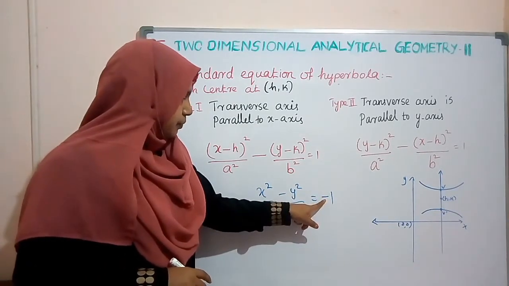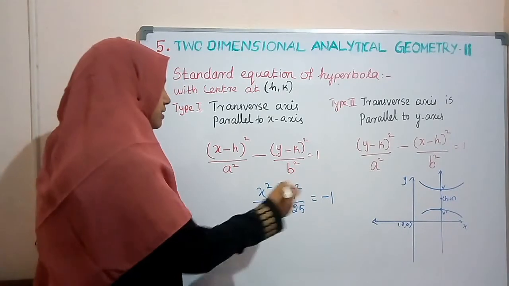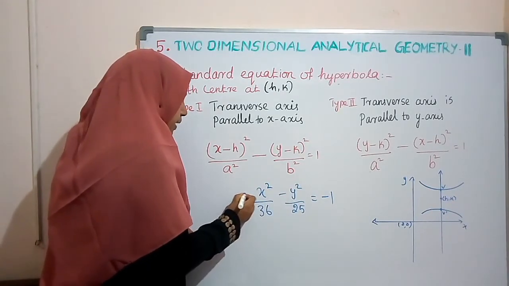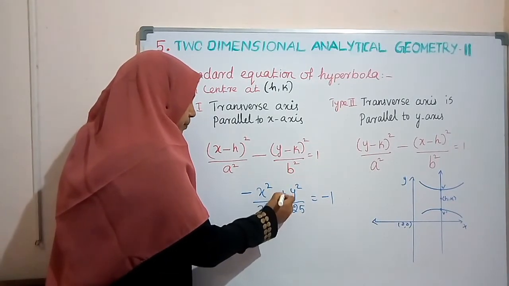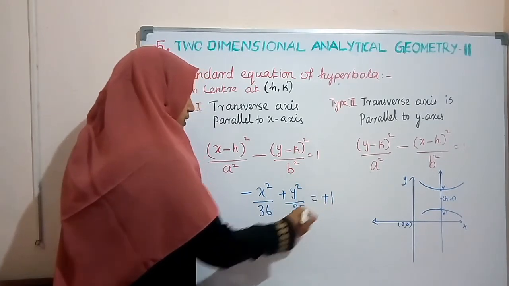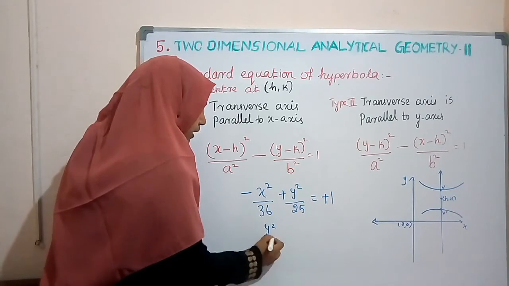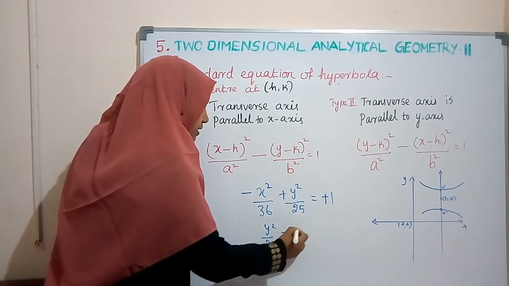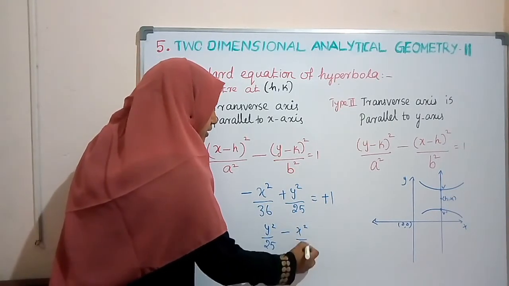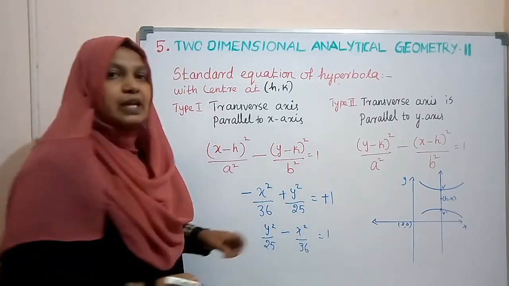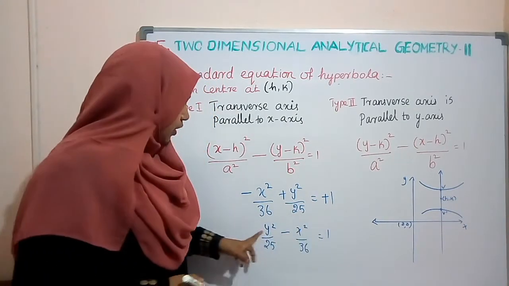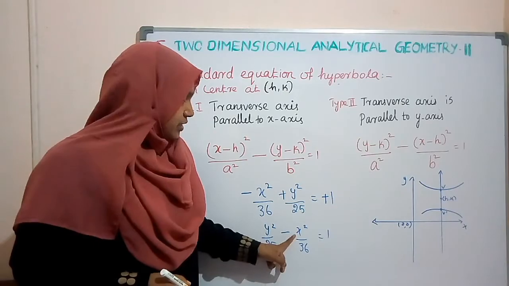Make the right side constant 1 positive and then decide. To make it positive, we have to change the signs, so this becomes minus and this becomes plus. So we can change the equation to y square by 25 minus x square by 36 is equal to 1. So actually it is type 2, because y square is positive and x square is negative.